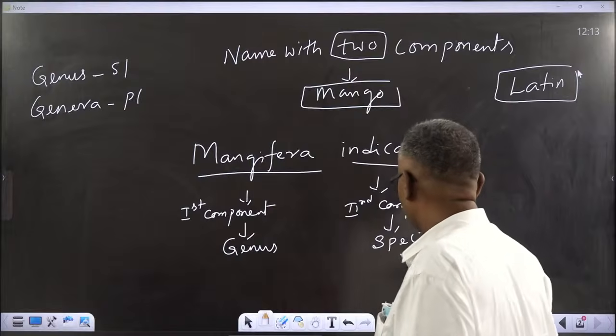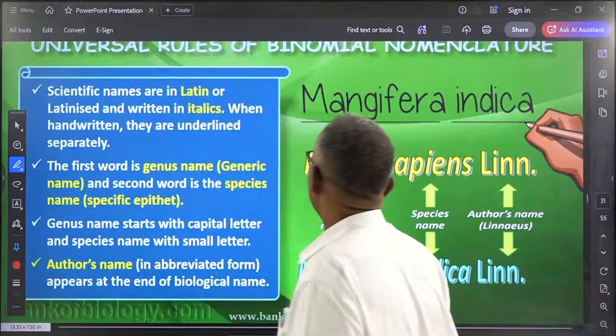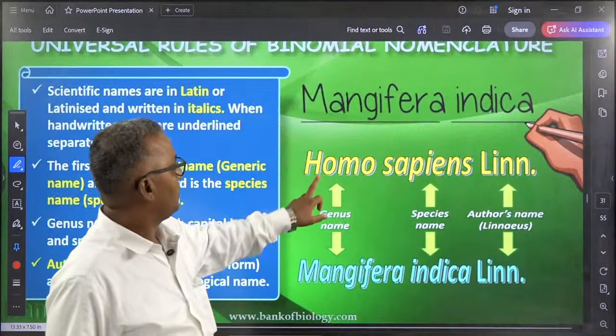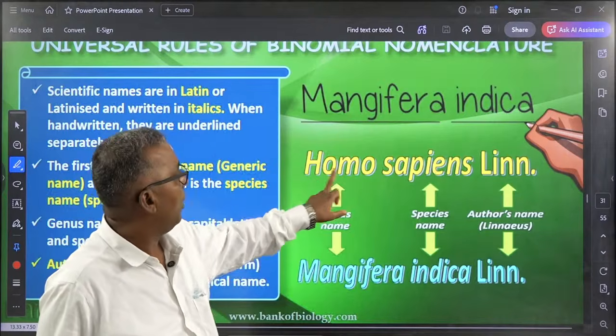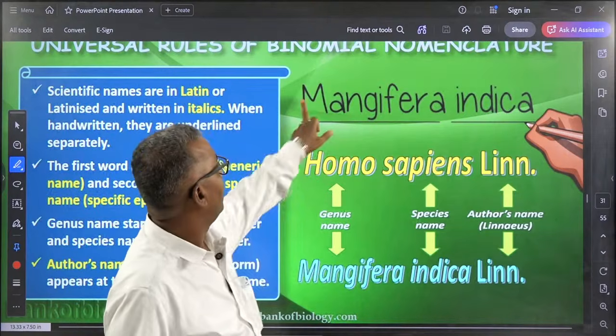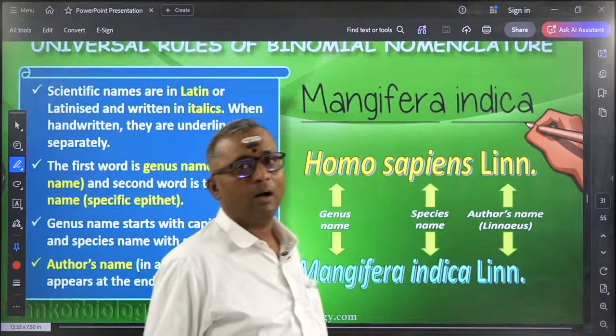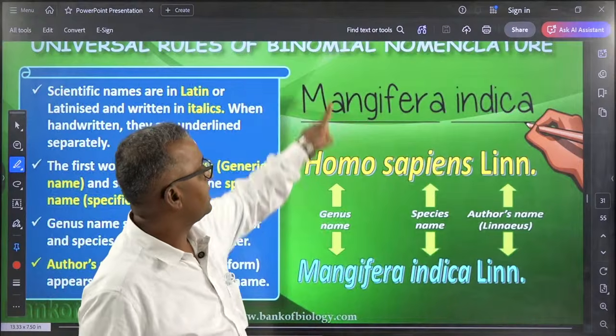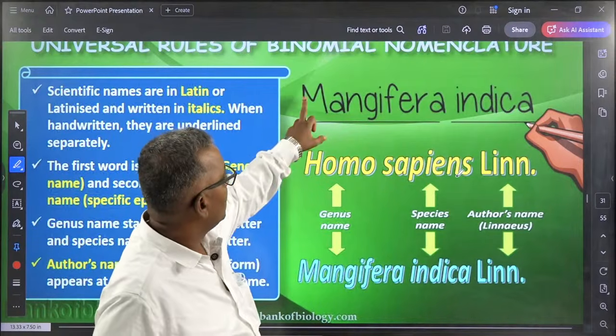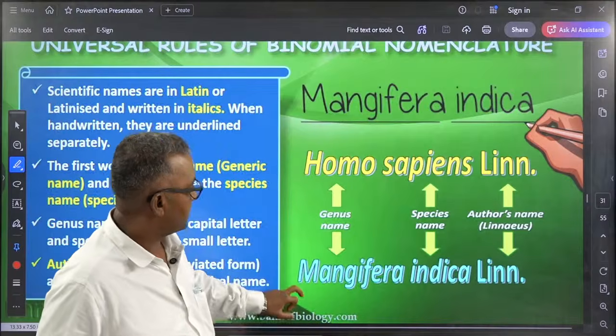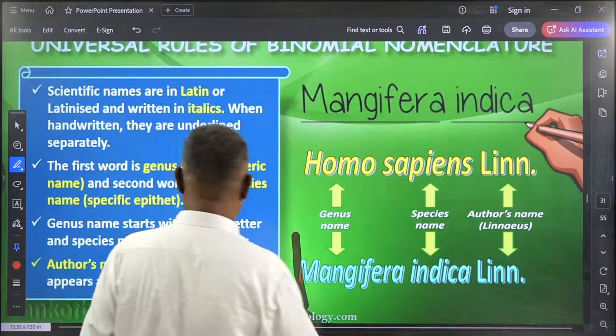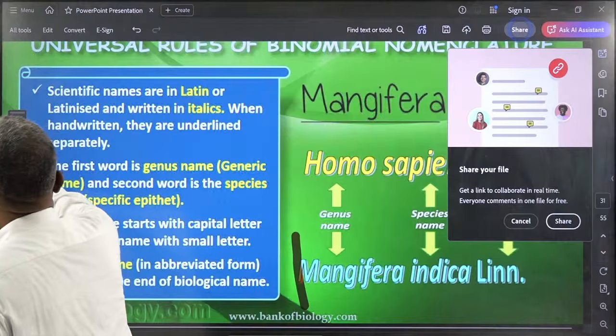Let me show how exactly they are written in italics. Can you see this word? Homo sapiens, Mangifera indica. Can you see these two? Let us take this one.